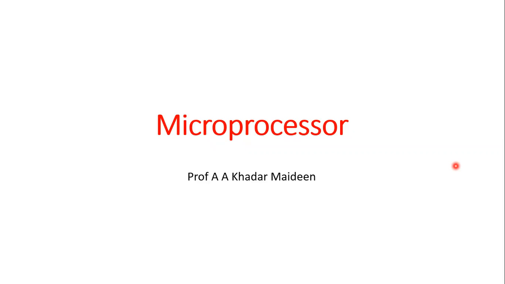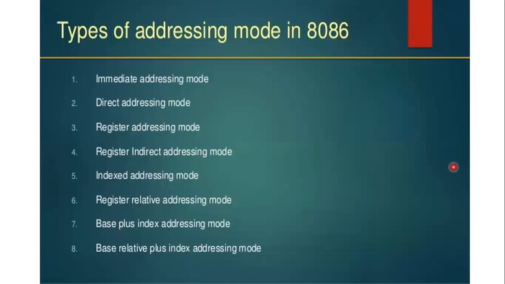Next part is 8086 addressing modes. The 8086 consists of the following addressings: immediate addressing mode, direct addressing mode, register addressing mode, register indirect addressing mode, indexed addressing mode, register relative addressing mode, base plus index addressing mode, base relative plus index addressing mode.